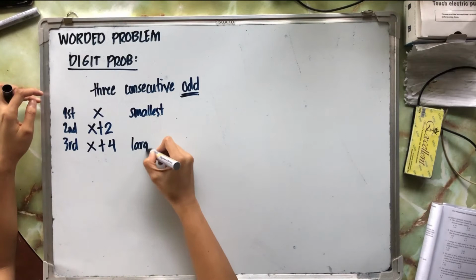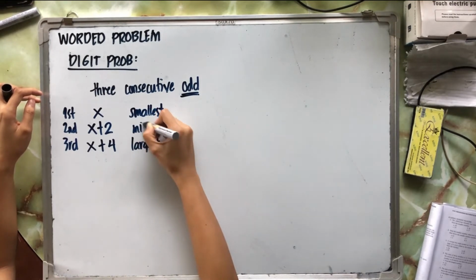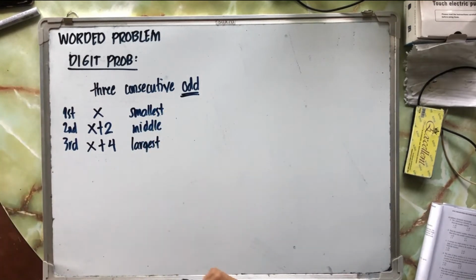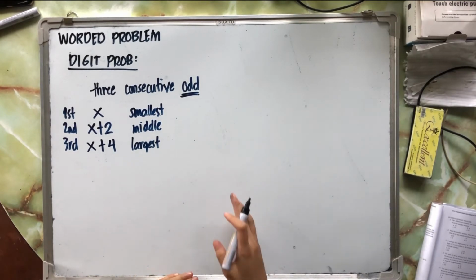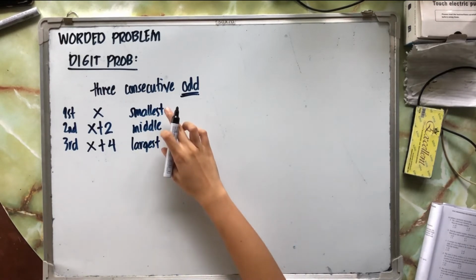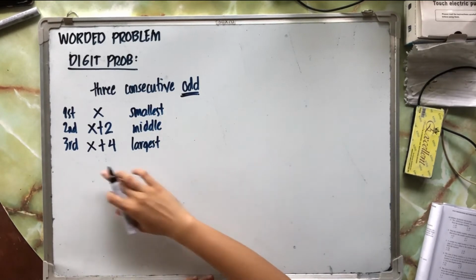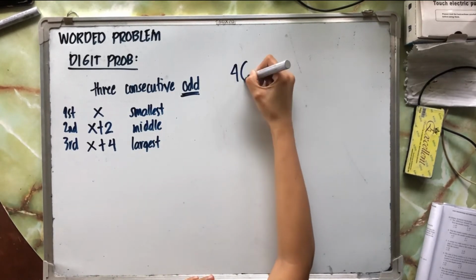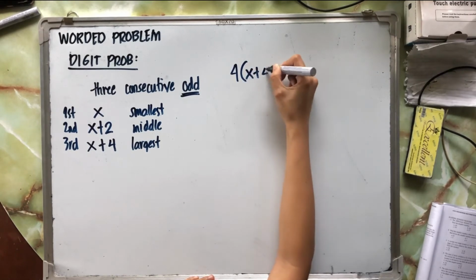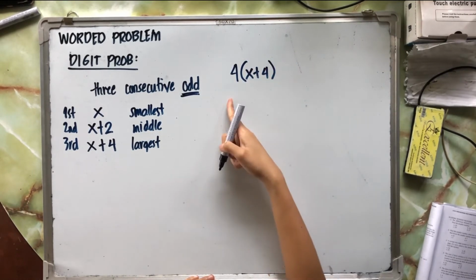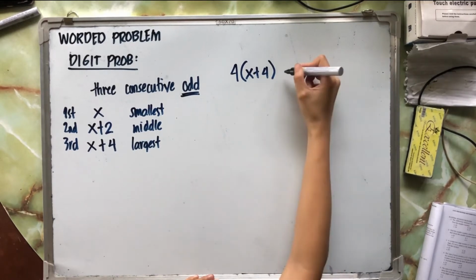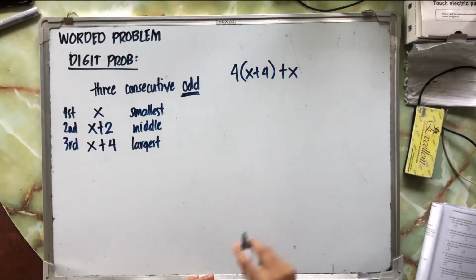This would be our largest. And this would be our middle number. Okay. Now, what did it say? When the smallest among the 3 is added to 4 times the largest. 4 times the largest is 4 times (x plus 4). Then you add the smallest there, which is x.